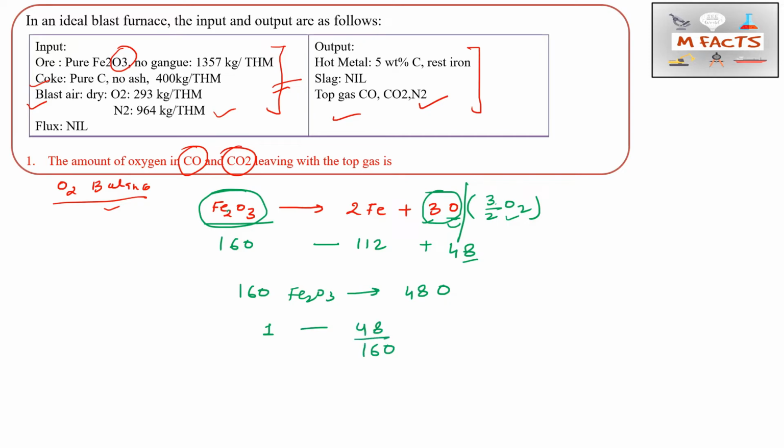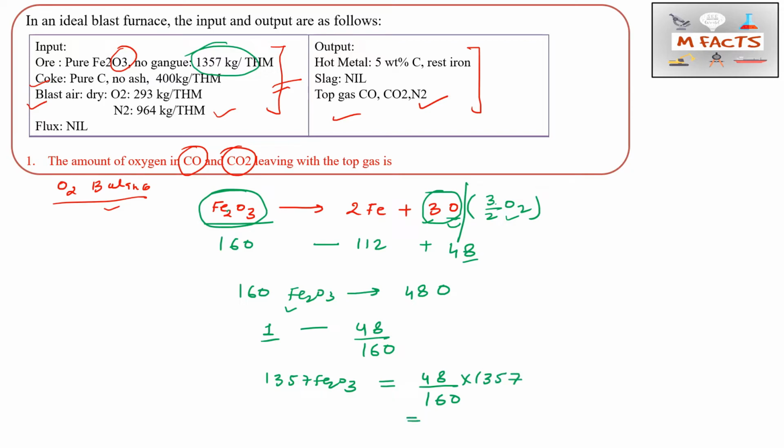But what is the weight of this Fe2O3? We are given 1357 kg per ton of hot metal. That was for one unit, but we have 1357 of Fe2O3, so we simply do the mathematical calculation: 48 by 160 multiplied by 1357.